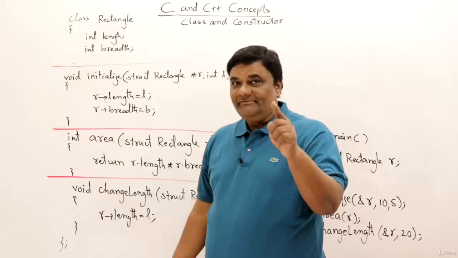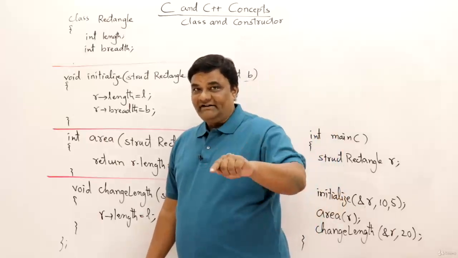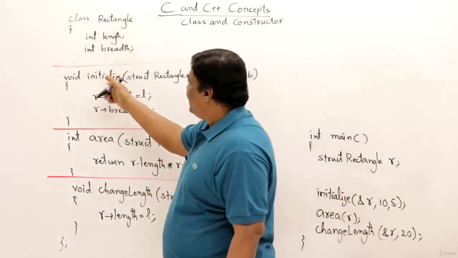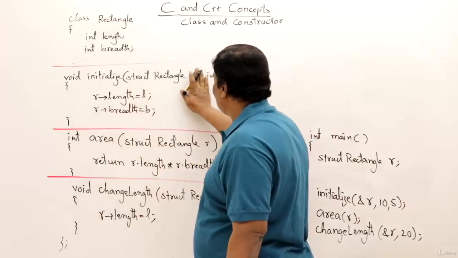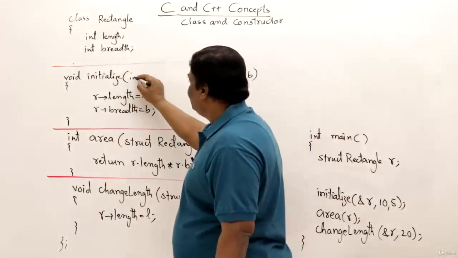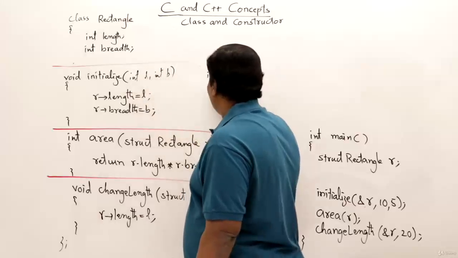I am modifying it as I discuss it. Watch it very carefully. The style is different here. This is a member of the class only, so why does it have to take rectangle as an argument? Remove this. Then just take length and breadth, two parameters.